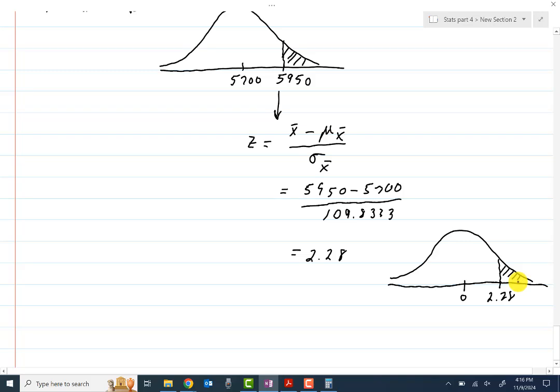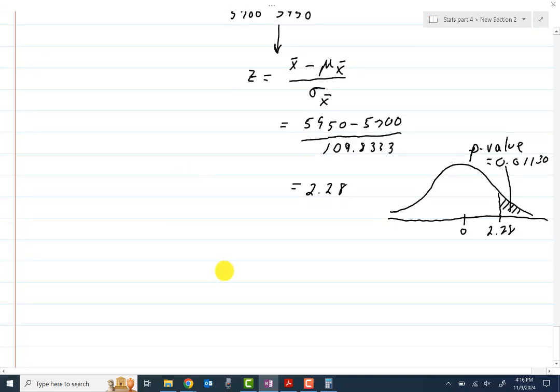Let's check that p-value. All right, now it's time to make our decision. So let's compare the p-value with alpha. My p-value is 0.01130, and my alpha is 0.05. Well, alpha is greater. That means we reject H naught.